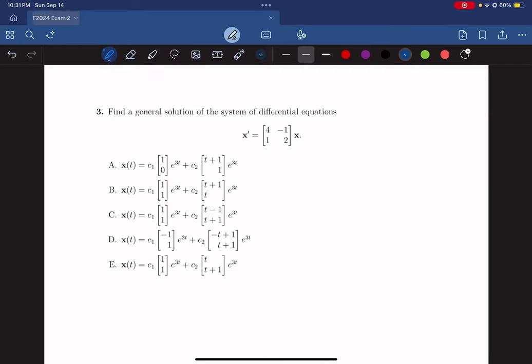Alright, so for number 3, it says, find a general solution of the system of differential equations, and it gives us a system right here. And so first thing we're going to do, like always, is we're going to find the determinant.